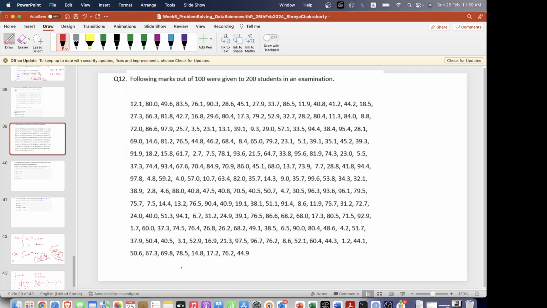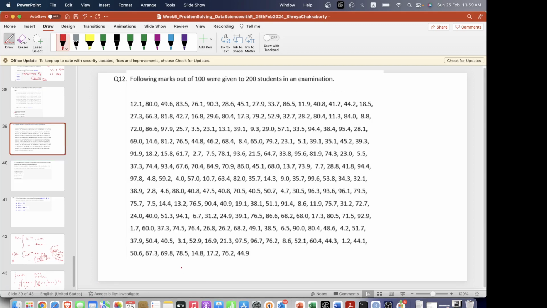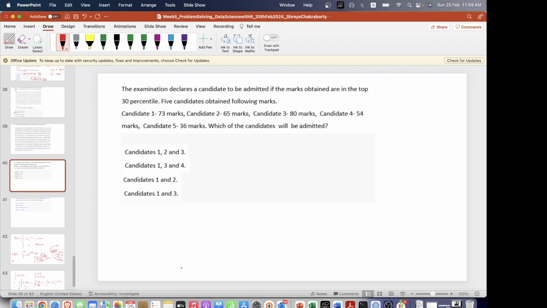Similarly, here also we have been given some questions. Here we have been given marks of 200 students and the examination declares a candidate to be admitted if marks obtained are in the top 30 percentiles. Here we have to remember the keyword is top.